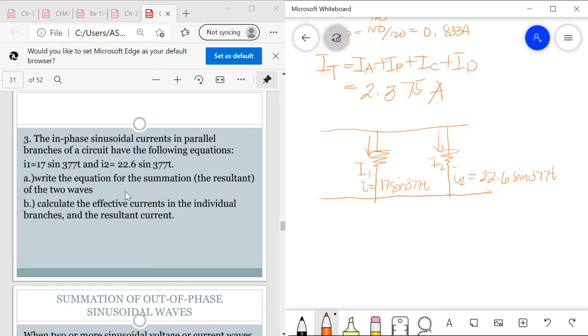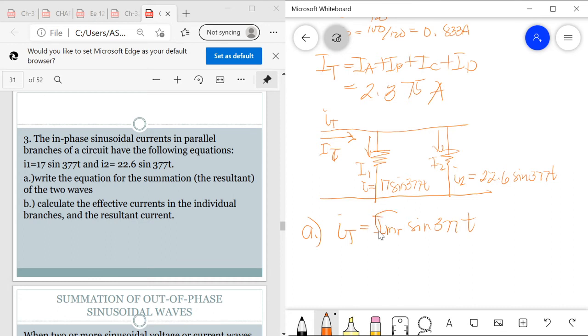Write the equation for the summation of the resultant. So ano yung equation ng total current natin? What will be your IT, small IT equation? Calculate the effective currents in the individual branches and the resultant. So yung una muna, letter A. Letter A, we have IT is equal to I maximum resultant sine of 377t.